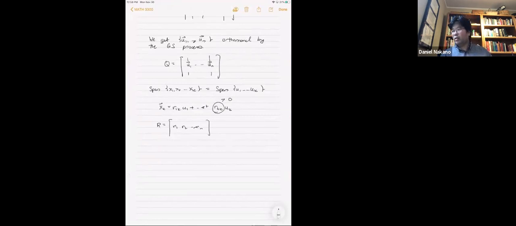The R's are just these coefficients over here, and then A here is equal to Q times R. So that's basically the idea of what's going on.